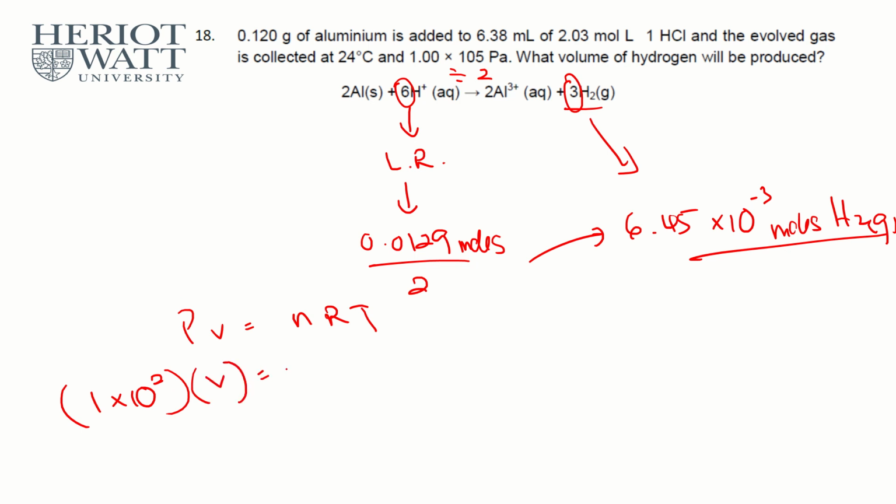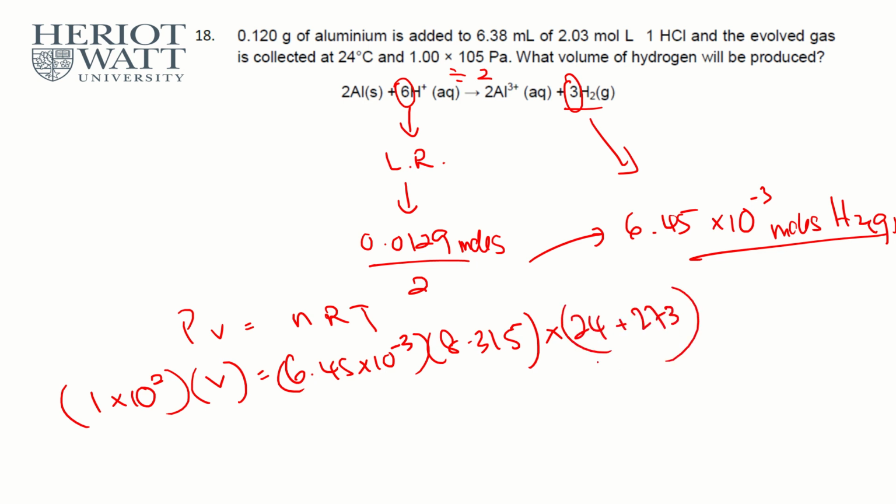Okay, so the mole is 6.45 times 10 to the power of negative 3, 8.315, times temperature, 24 plus 273. Don't forget to add 273 because it's in Kelvin. And the volume needed at the end should be in liters, so 0.159 or 0.16 liter. So this is the volume of gas produced.